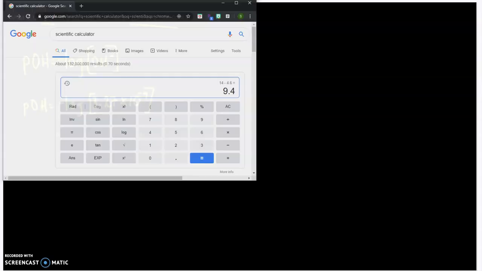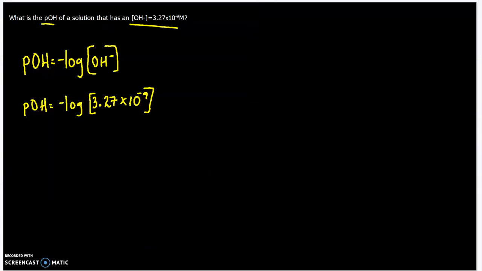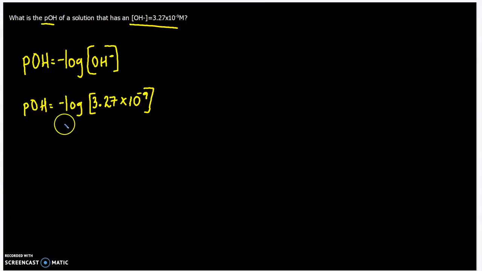You're going to go to Google, type in scientific calculator, and enter the negative log of 3.27 times 10 to the negative 9. Then we press enter and we get 8.4. So we're going to say pOH equals 8.4.